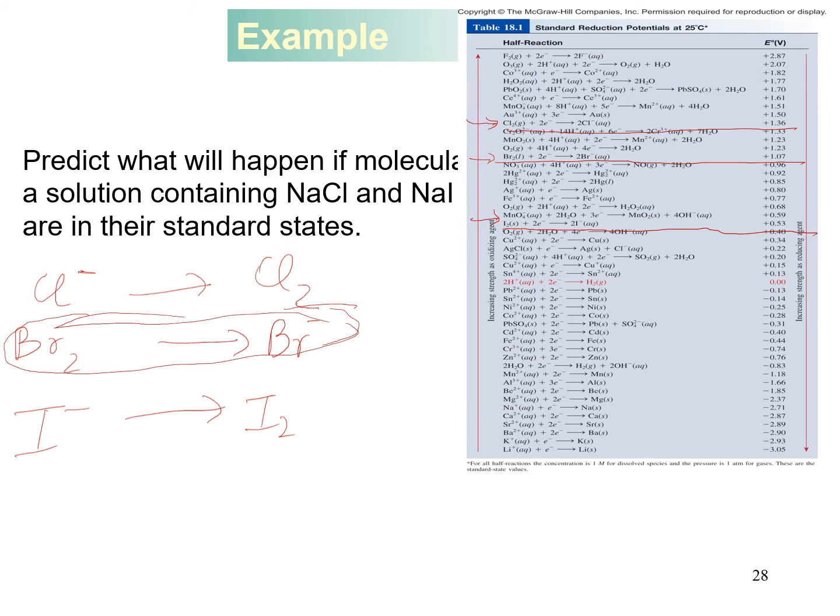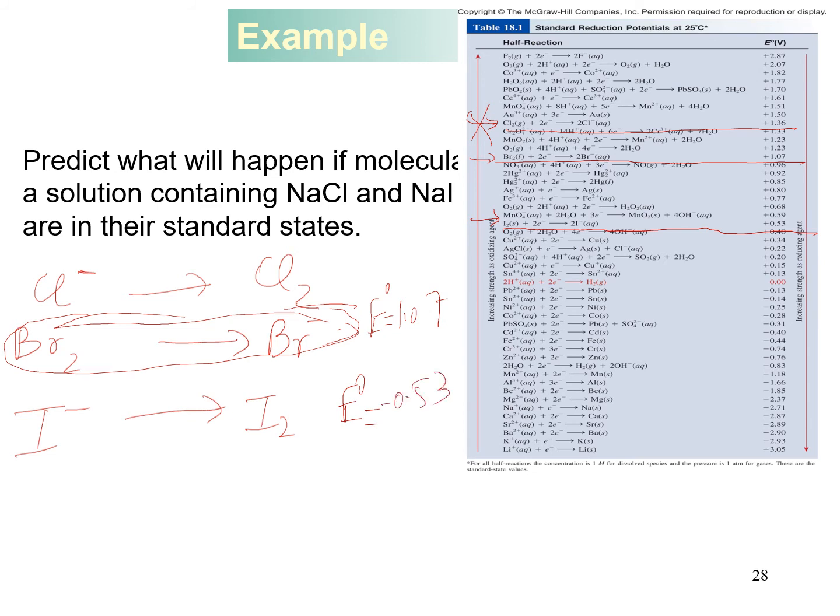If I combine these two, I cannot reverse the top reaction. Remember, you cannot reverse the top reaction. So that cannot happen. Since the second reaction is happening as it is, E naught of this is going to be 1.07, right? And this can be reversed because this is happening at the bottom and I am looking for the reverse reaction. So that would be E naught of negative 0.53.